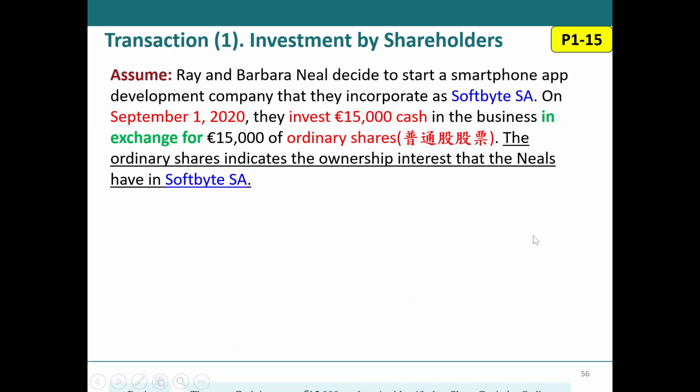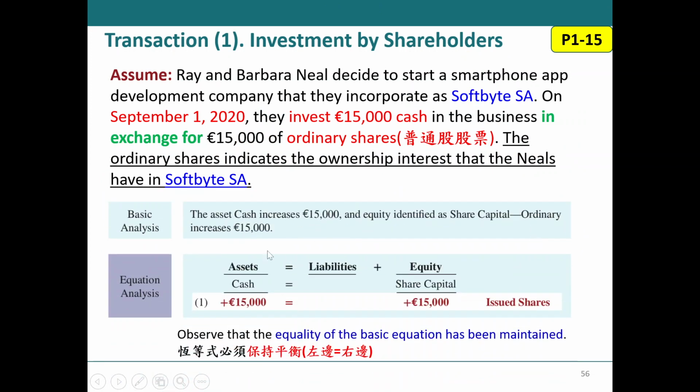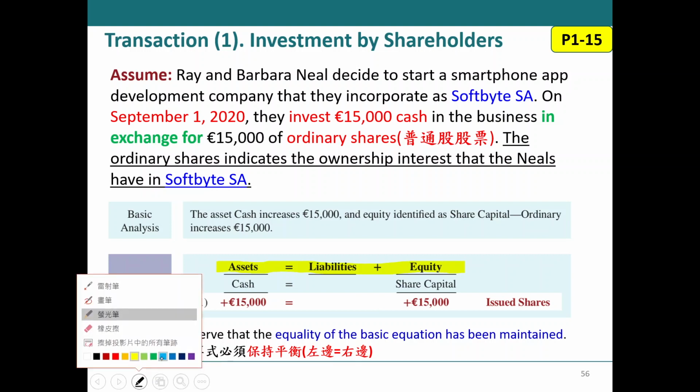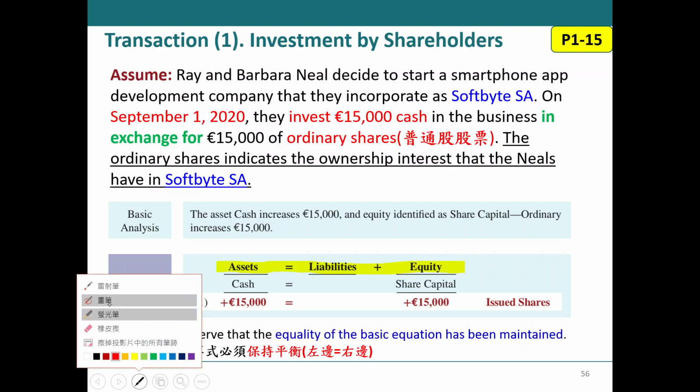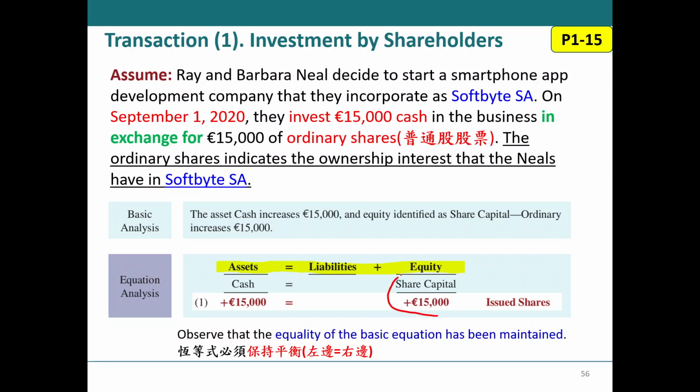So don't forget, when we do this, based on the accounting equation, asset equals liability plus equity. What's the reason? Share capital increase, right? Share capital belongs to equity, so we put it under the equity category.